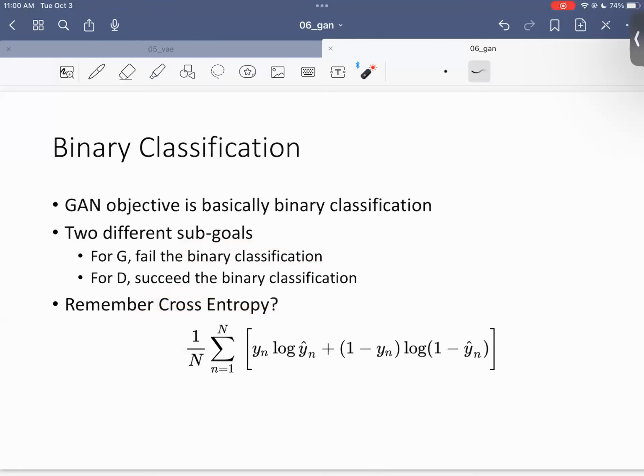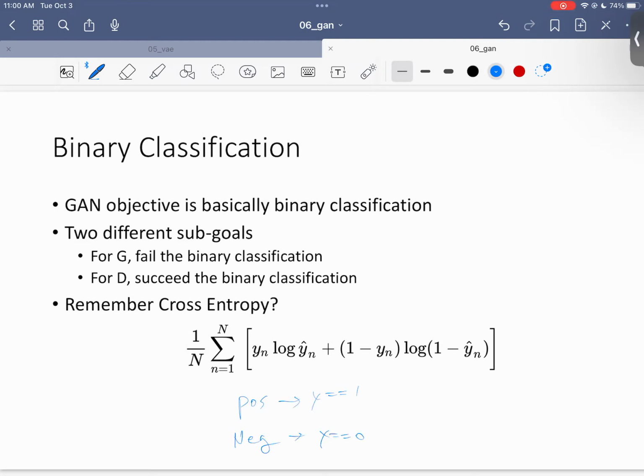Cross entropy, we all know that we can use it for binary classification. And the cross entropy objective function looks like this. I mean, this is not a loss function; for a loss function we need a minus here, but this is just cross entropy. All the positive samples go here, all the negative samples go here, because positive samples will have y_n equal 1 and negative samples will have y equal 0.